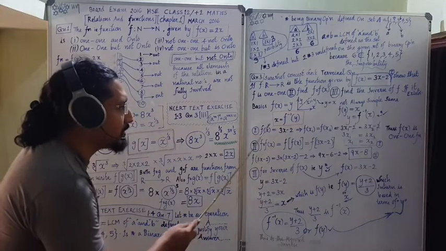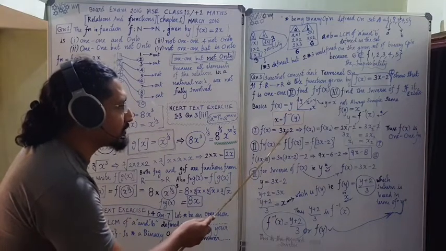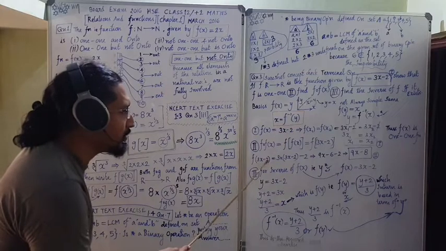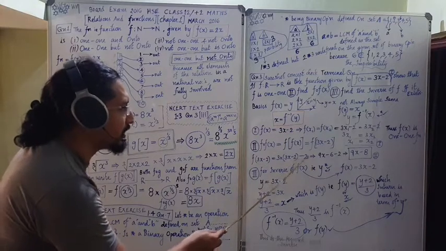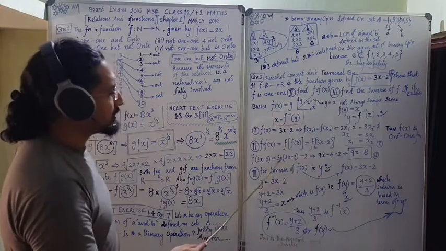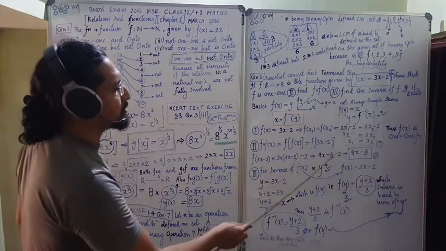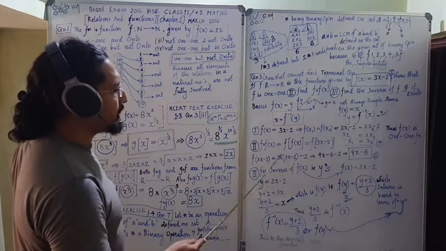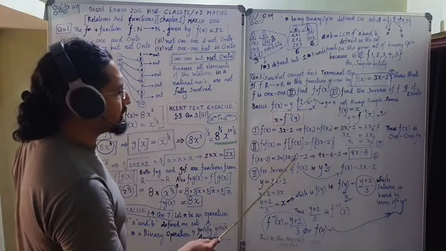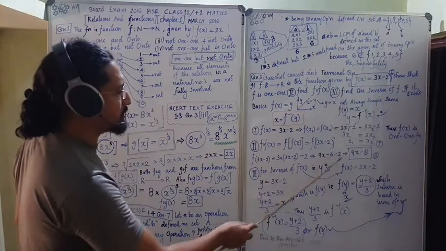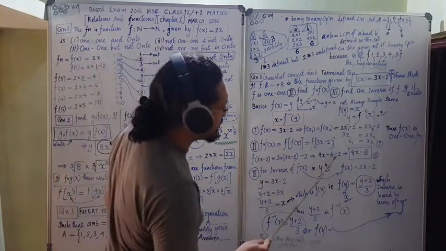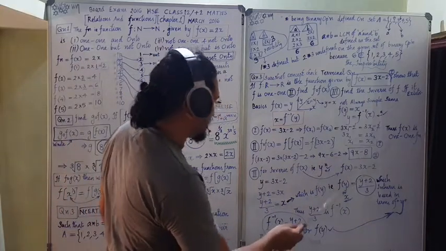So opening this whole thing, that is 3 into 3x, 9x, 3 into minus 2, minus 6, and then again minus 2. 9x minus 6, then minus 2. When simplified, 9x minus 8. Okay, this is the answer.